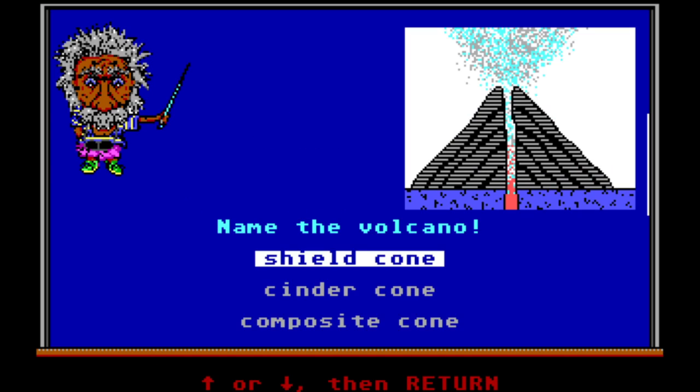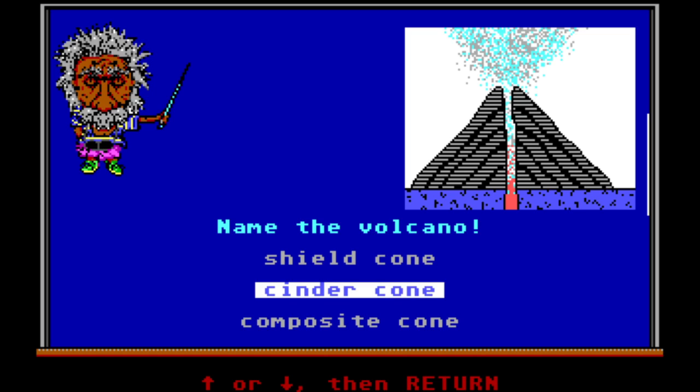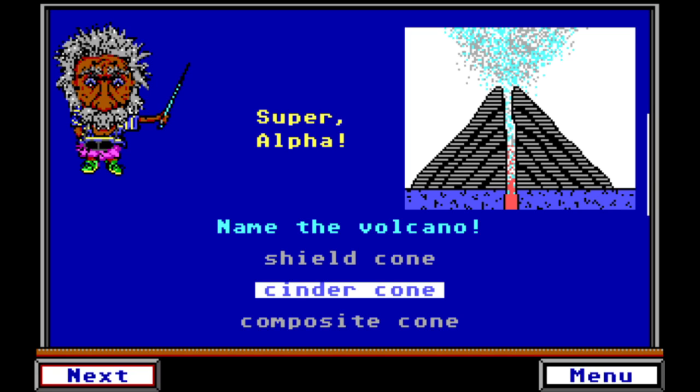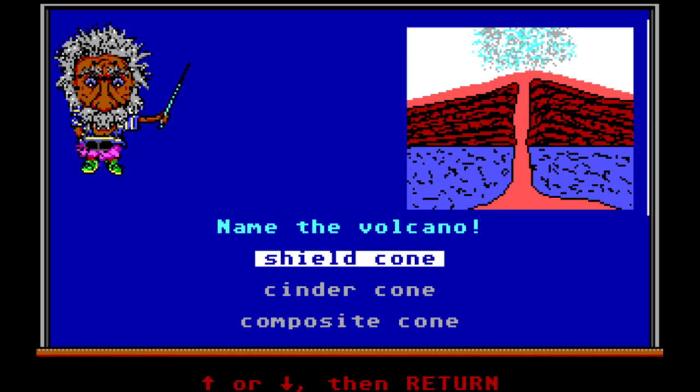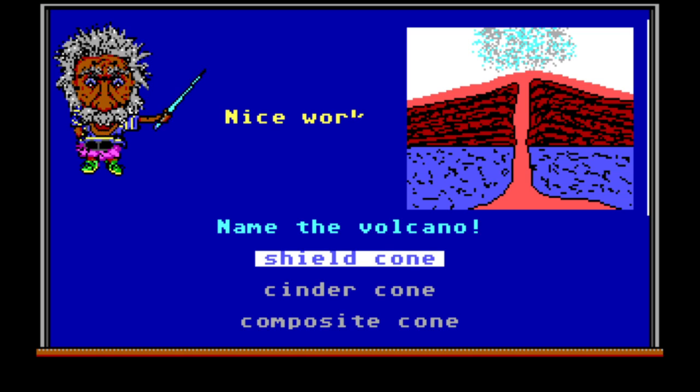Crust. I want to say that that's a cinder cone. I think the shield takes a different shape. Yeah, flatter and more resembles a shield if you look at it sideways.